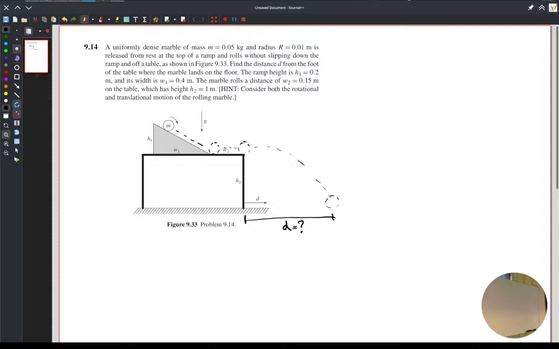Yeah, like rotation plus translation. Energy conservation. Okay.